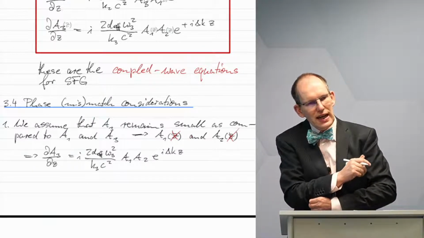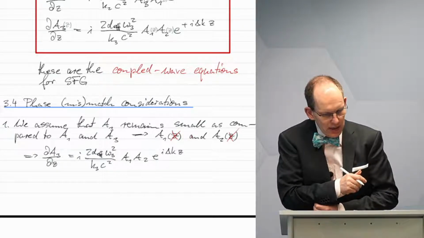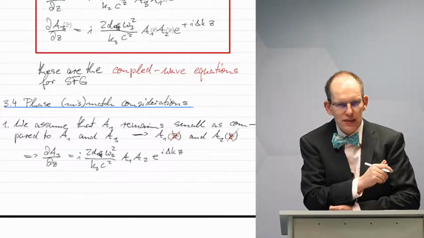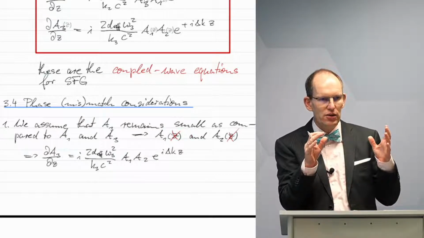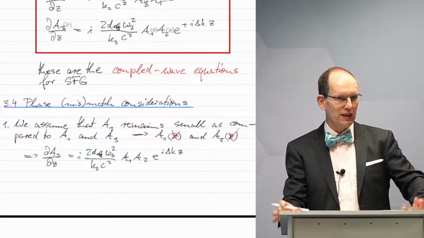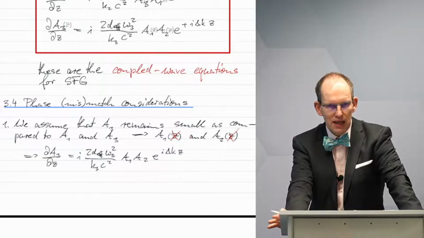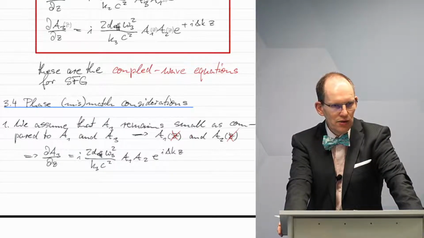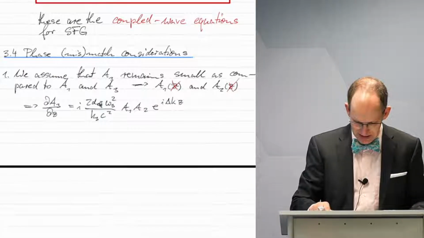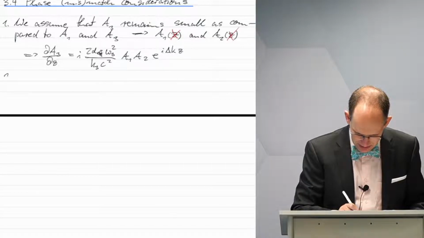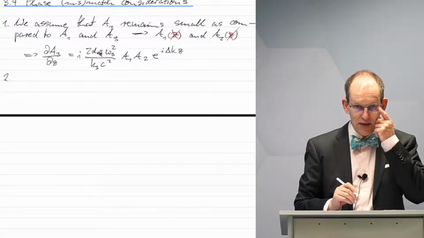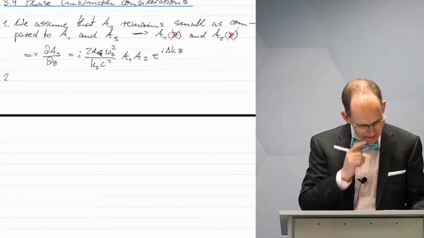But this equation is not simple enough. We make it even simpler. We just assume that we have perfect phase matching. Then delta K is equal to 0. So we are really lazy today and make life as simple as possible.